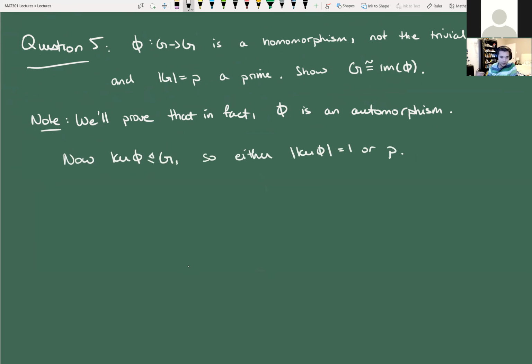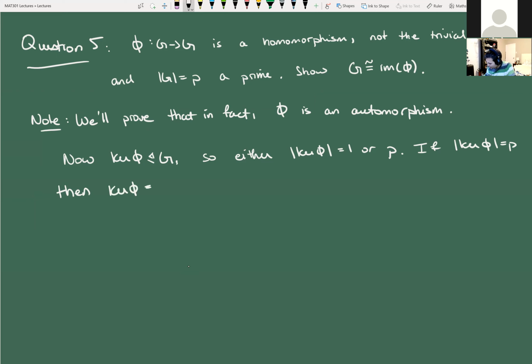Now, what happens if it's p? Then what have we said? Then we have the trivial map. Exactly, Paula. So the kernel of phi is then G, which implies that phi is the trivial map.